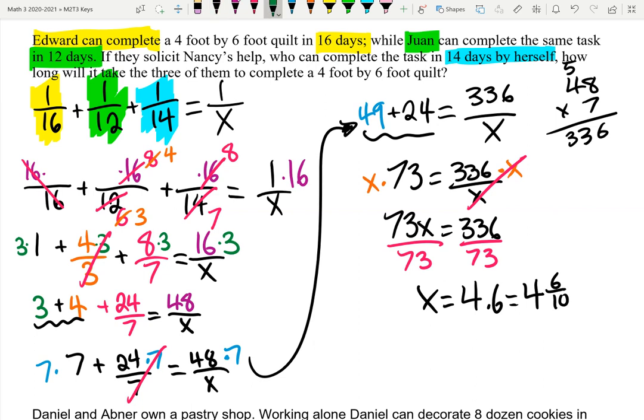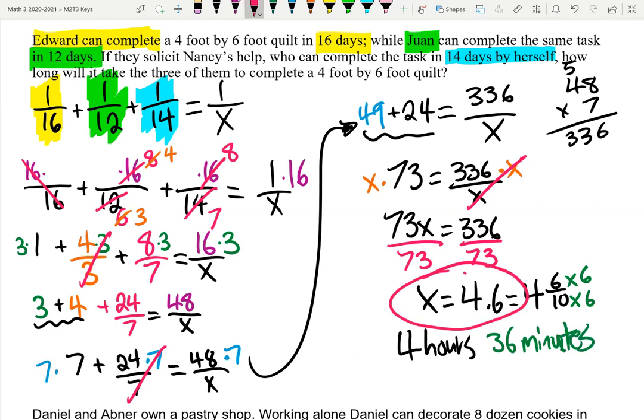To make that out of 60, I'm going to multiply the numerator. So essentially, this would be 4 hours and then 36 minutes. Remember, this is just the extra bit. I will be very happy with 4.6. All right, one more to go.